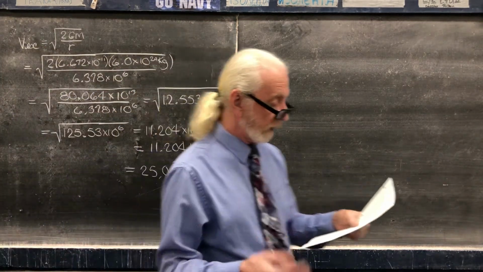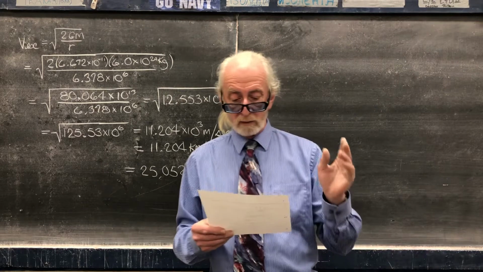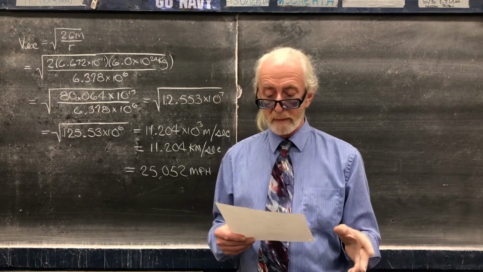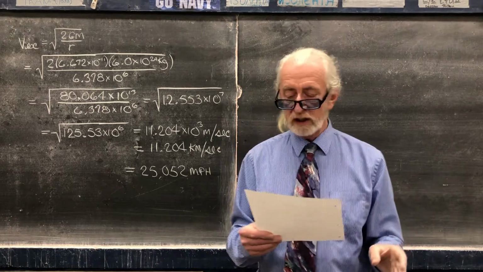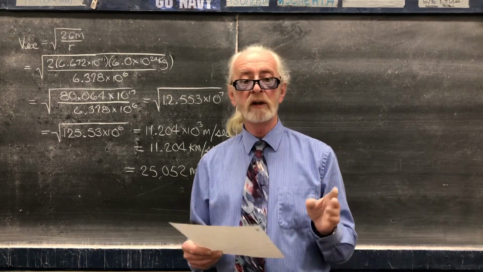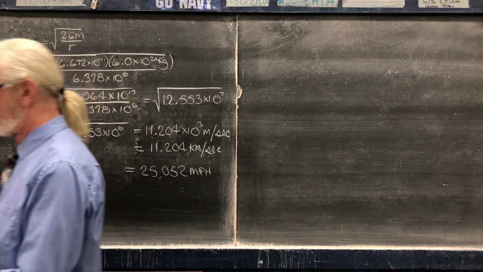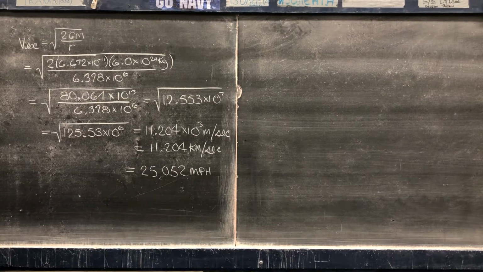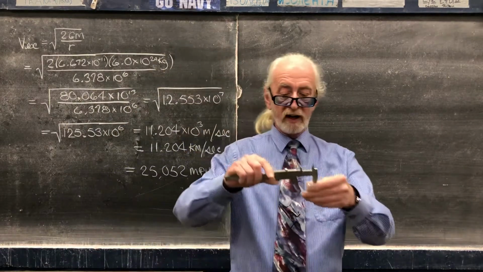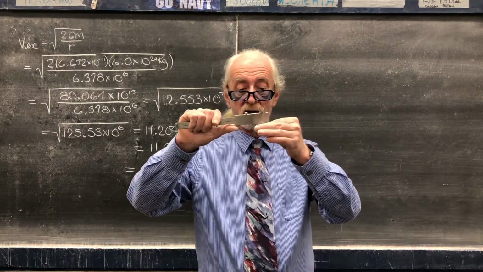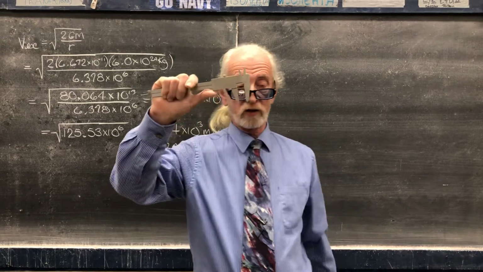So now let's see what happens to escape velocity if we compress the Earth down to a sphere 15.85 millimeters in diameter. And I picked that number because I happen to have a little steel ball that is exactly that size.